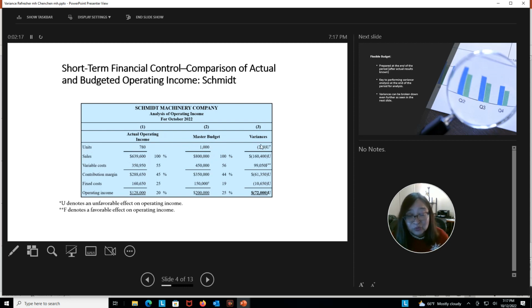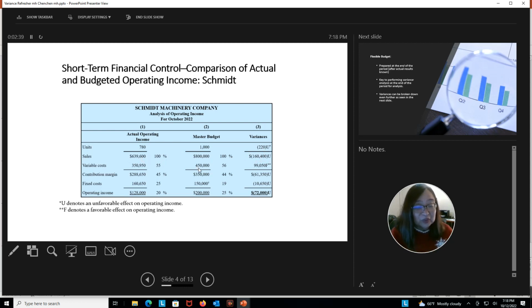That's a $220 unfavorable variance. If we look at sales, we thought we would get 800,000, but we got 639,600. That is a 160,400 unfavorable variance. Once again, you see parentheses and you see a U, showing you that that is unfavorable.